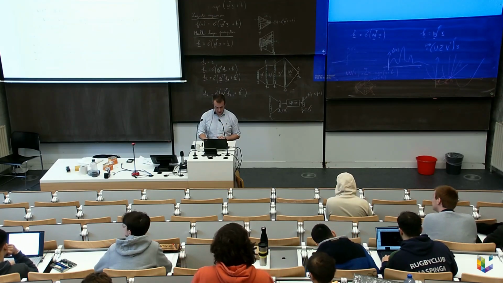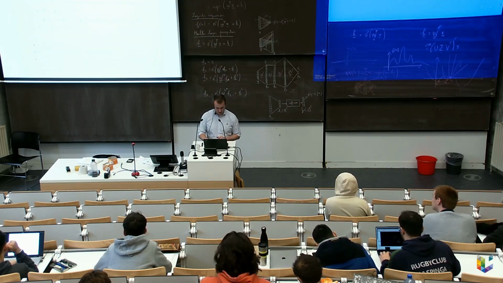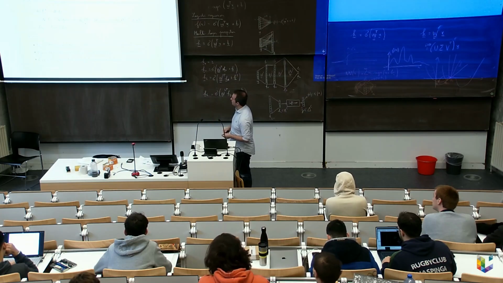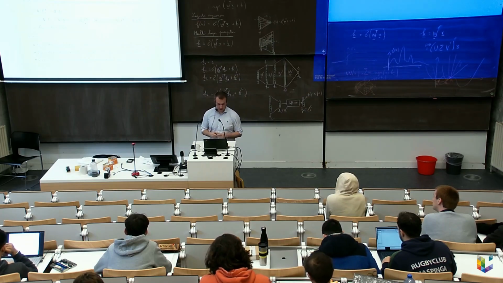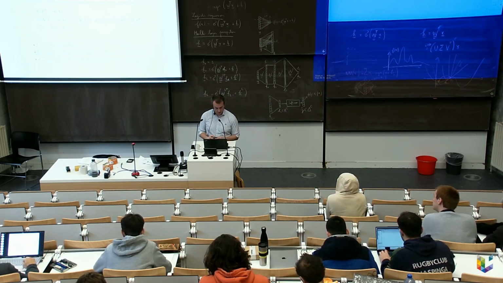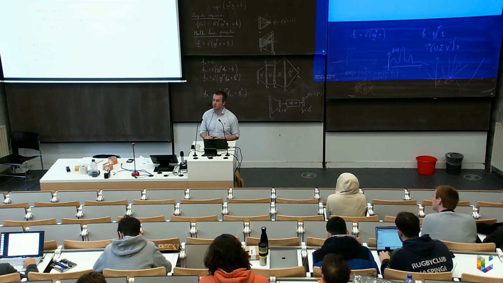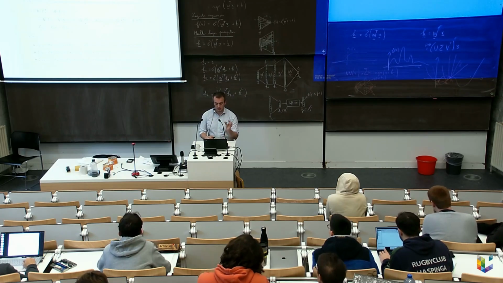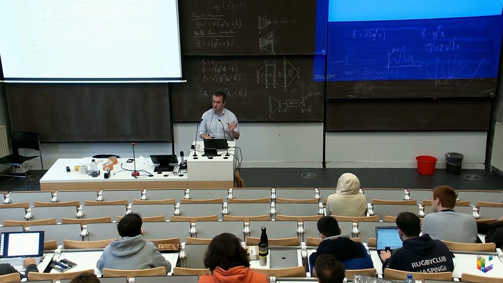Okay, then let me finish maybe with this before the next break. What we can also show is that, if you remember what we saw last week, we characterized the quality of the empirical risk minimizer using the bias-variance decomposition and so on.